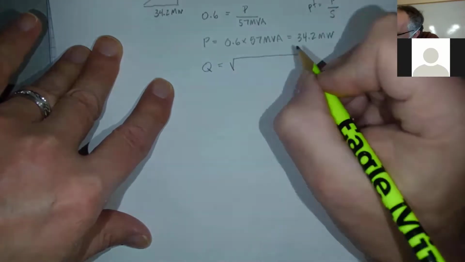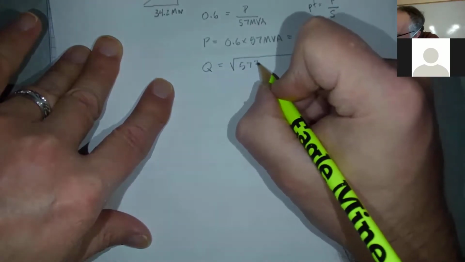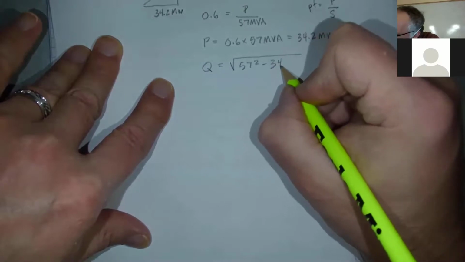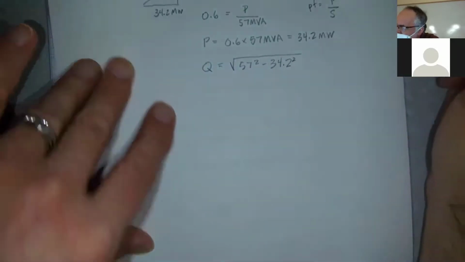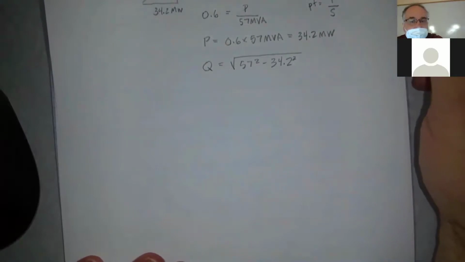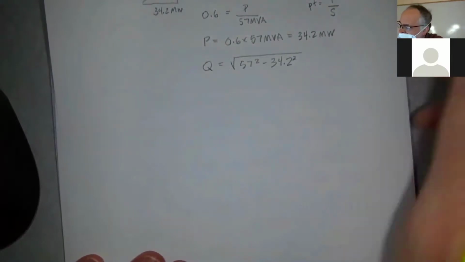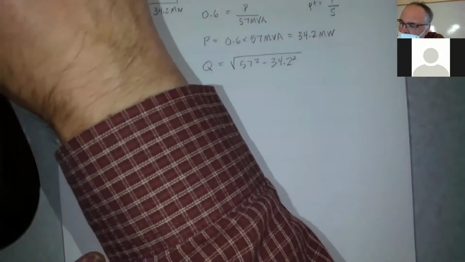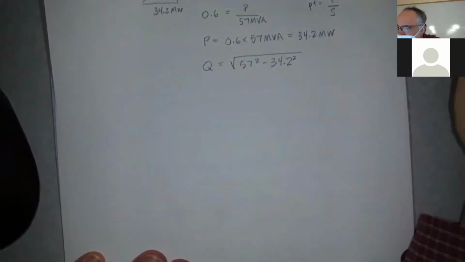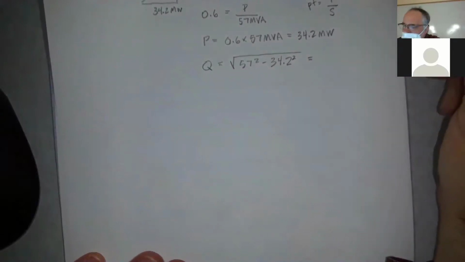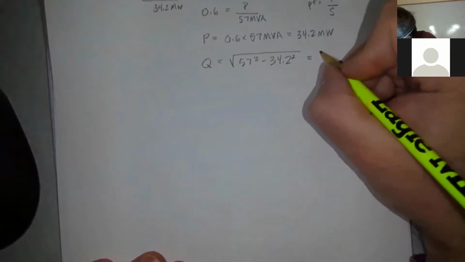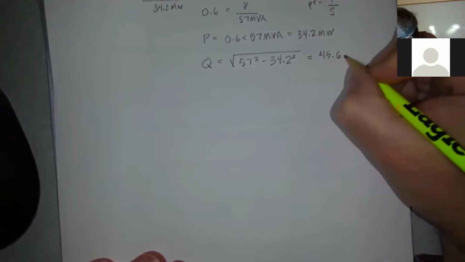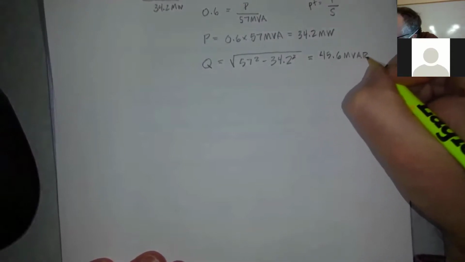Well, one way we can get it is to take 57 squared and subtract 34.2 squared. Now, are you guys comfortable with that 34.2 that you came up with me? I'll do it on my calculator just to make sure. 0.6 times 57, 34.2 exactly. Looks good. So what's our Q? 45.6. And that's MVAR.